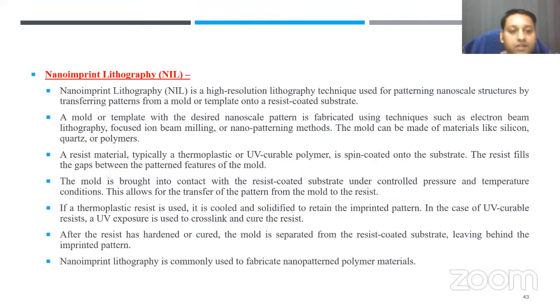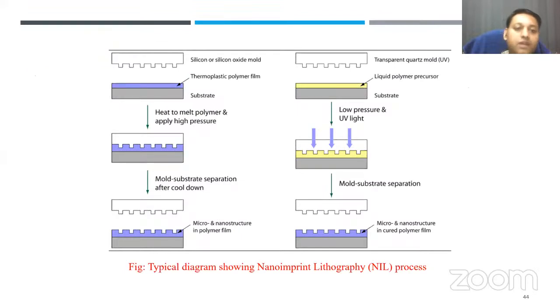Then the nano imprint lithography. What happens in nano imprint lithography? You have a silicon or silicon oxide mold, and a thermoplastic polymer film directly in contact with the substrate. If you heat it, because of the heating and the high pressure, certain portions of the polymer will melt, and that portion will create a pattern.